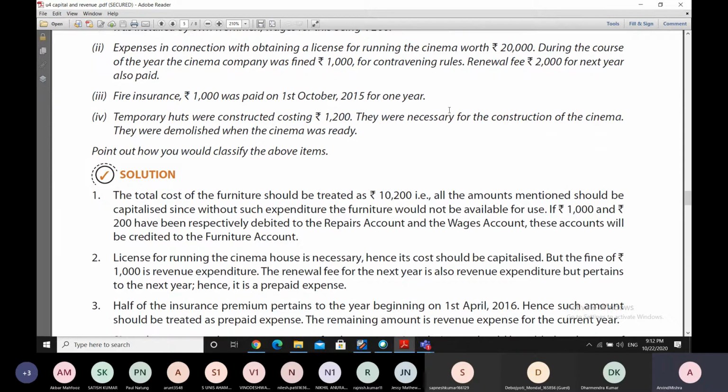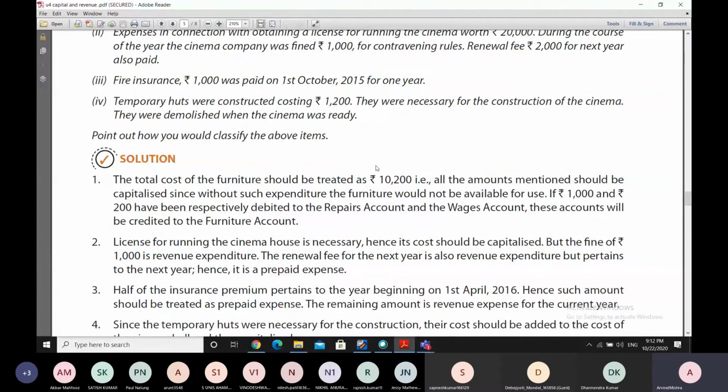Now the insurance premium of 1,000 rupees that has been paid for 1 year, it is paid for on 1st of October 2015 and it is paid for 1 year, and therefore since it is paid on 1st of October, 6 months have already expired.